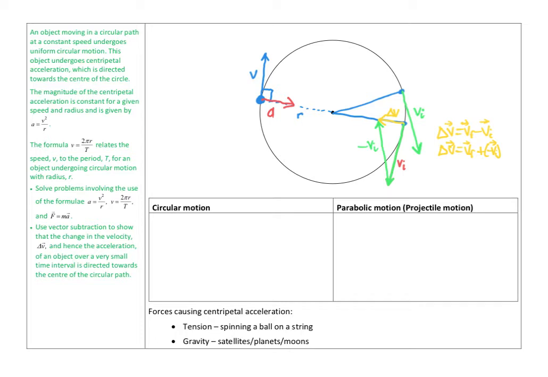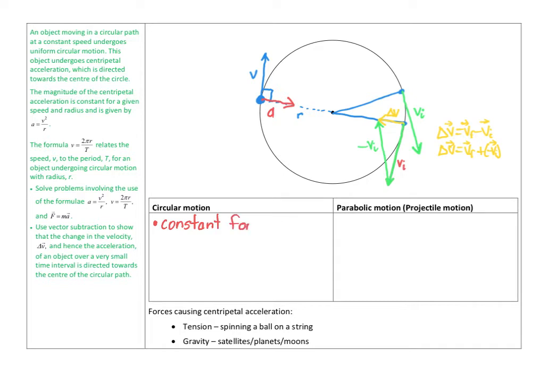I just want to take a moment because sometimes this causes a little bit of confusion and talk about the difference between circular motion, which is what we're talking about here in this topic, and parabolic motion, which is what we were talking about in the projectile motion topic. So in both cases, we have a constant force acting.